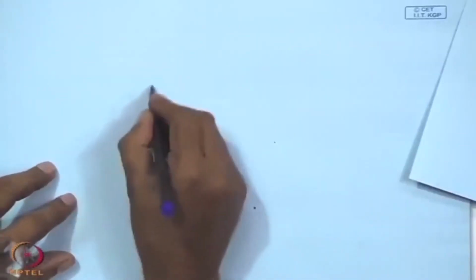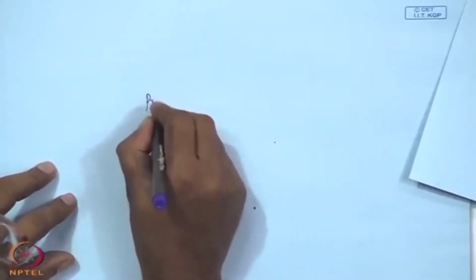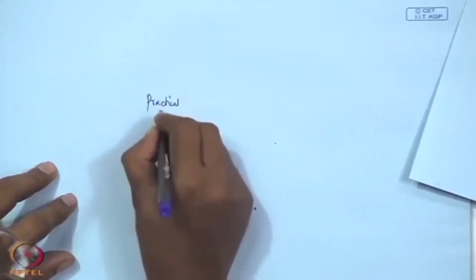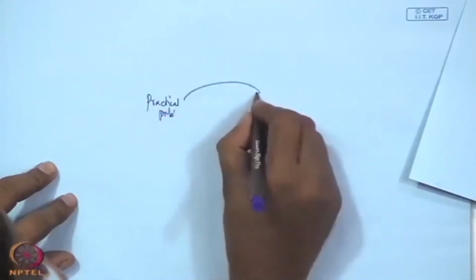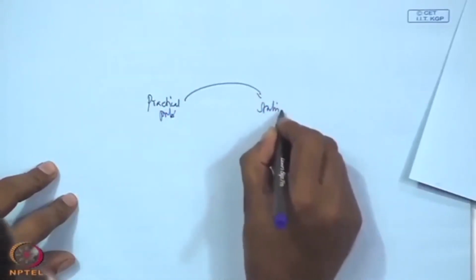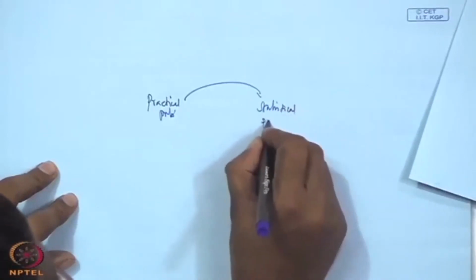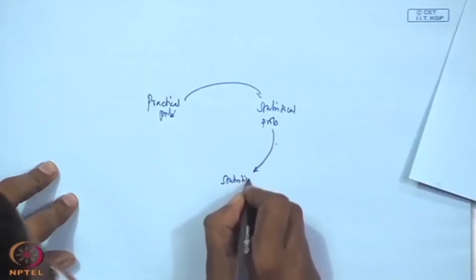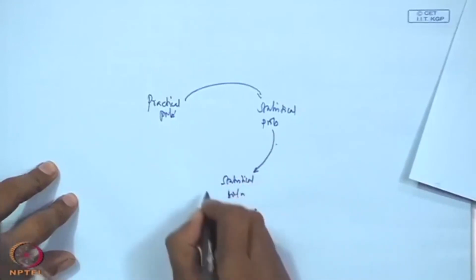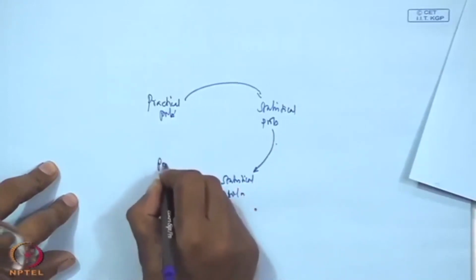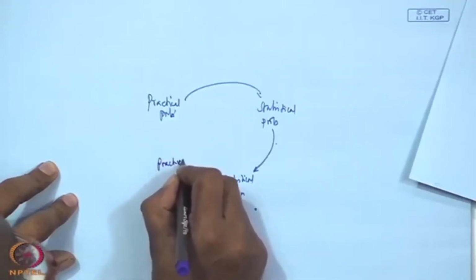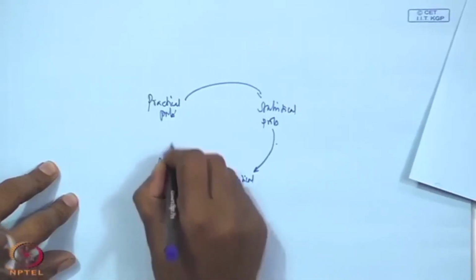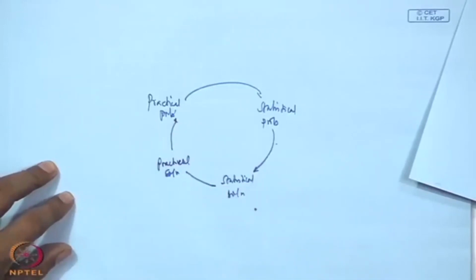So, that means you are basically going from practical problem to statistical problem, to statistical solution, statistical solution to practical solution, then practical solution to this.